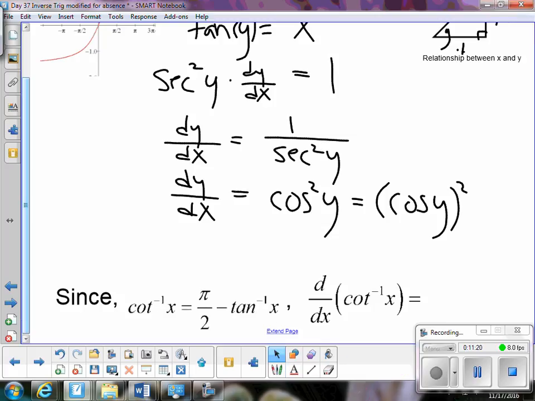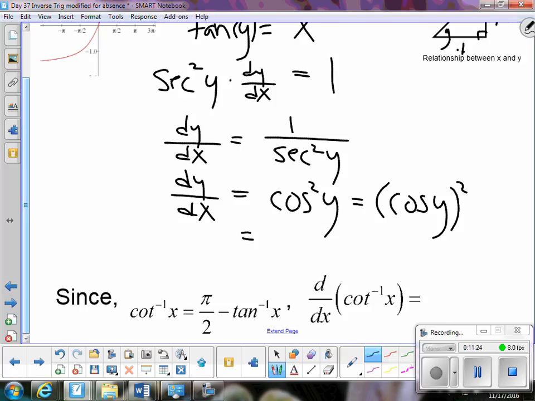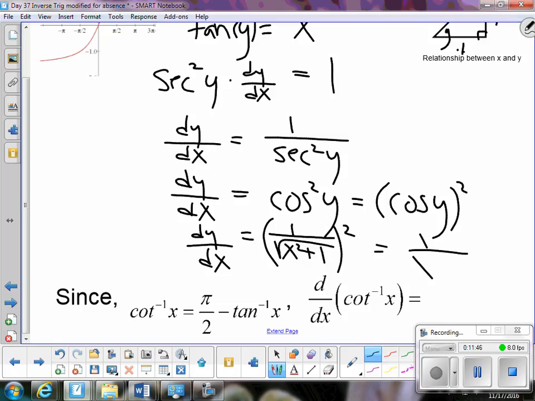So adjacent over hypotenuse would be 1 over the square root of x squared plus 1. But remember, we want this squared. And so the derivative of the inverse tan turns out to be 1 over x squared plus 1. That's a nice one.